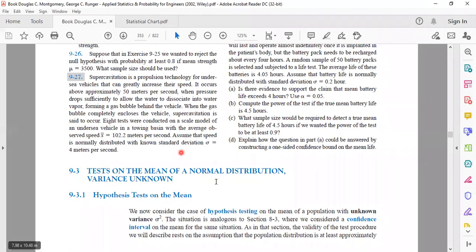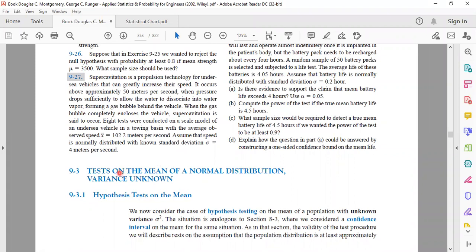This particular article that you are seeing right now is the continuation of our hypothesis testing chapter, where we will be interested in finding out the validity of the hypothesis about the population parameter, which is the population mean.